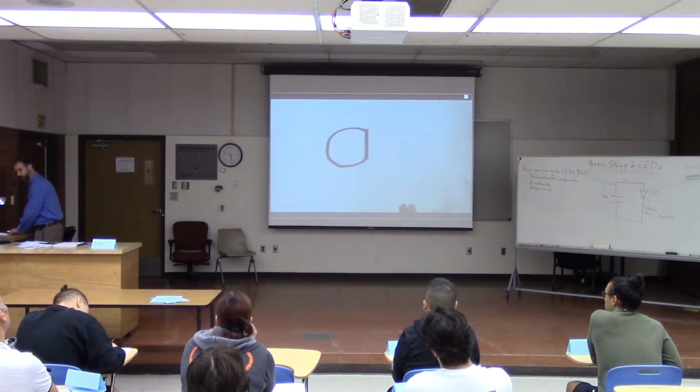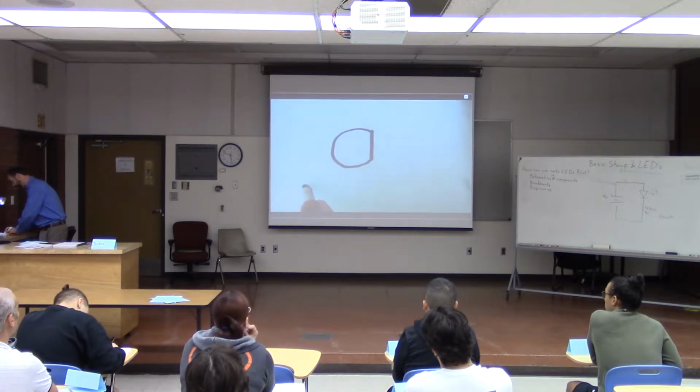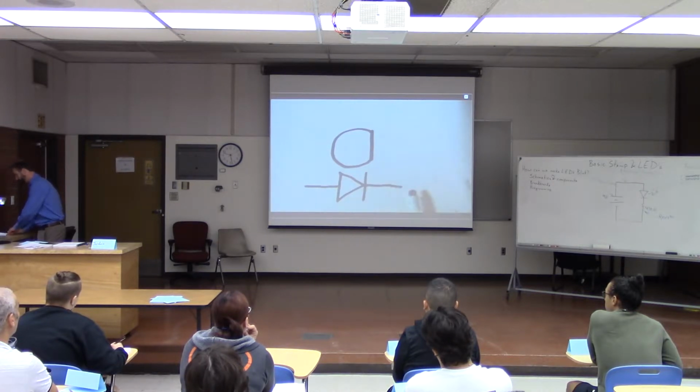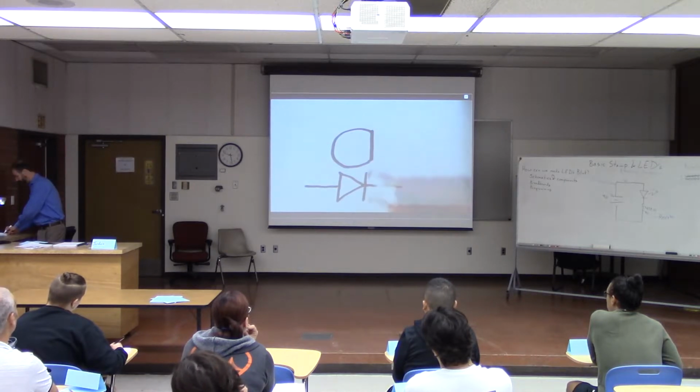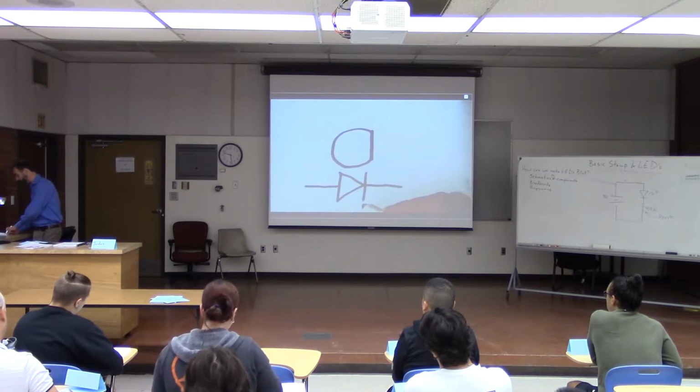And if you were to compare that to the schematic diagram, the flat side of the LED corresponds to the side of the diagram that has the line on it.